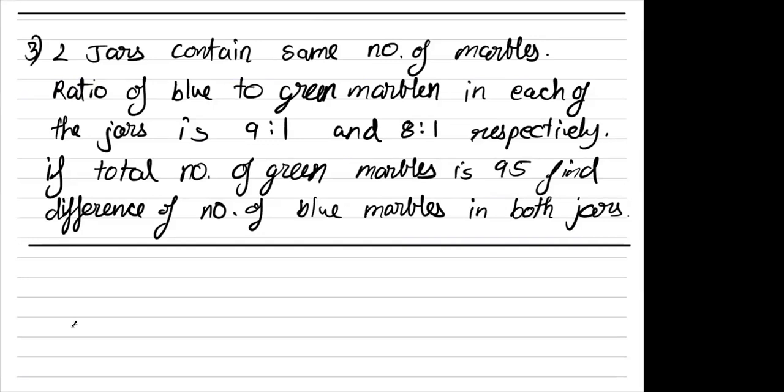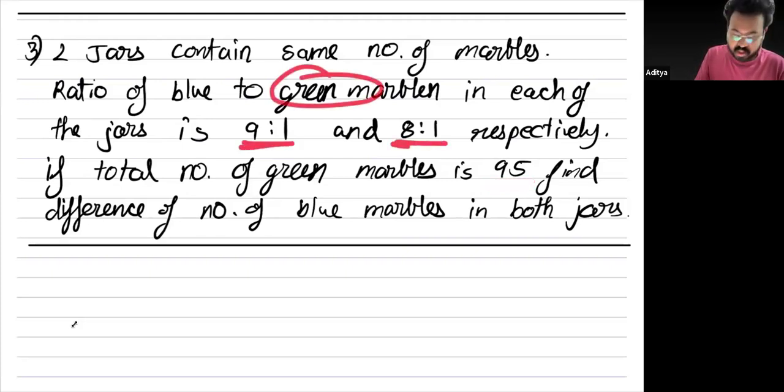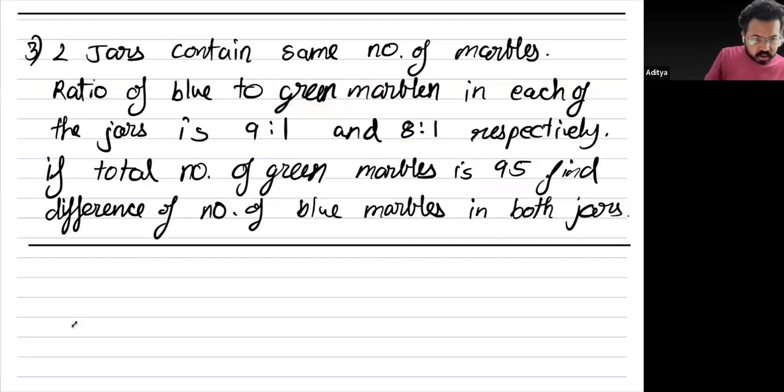Abhyuday correct, Manas correct, Kavya try again. Rehan try again. So here 95 is the total number of green marbles in both jars put together. Sumit try again. Saurabh try again.